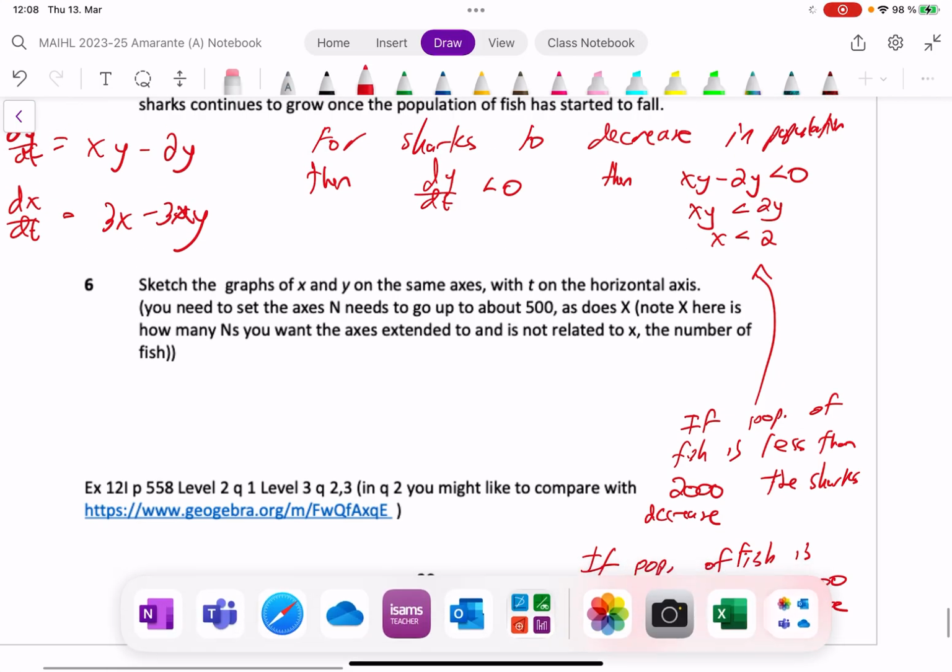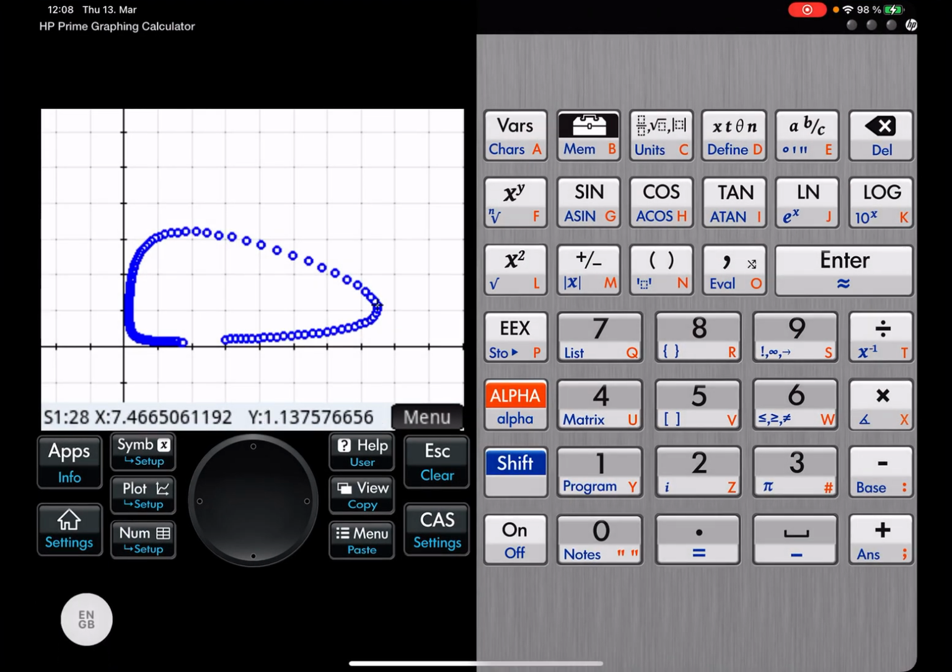Right, and so here we're saying, well, sharks are still increasing because the population of fish over here is bigger than 2,000 until we get to this point 2, right? Like 2 is approximately here, and at that point, sharks start to go down again.